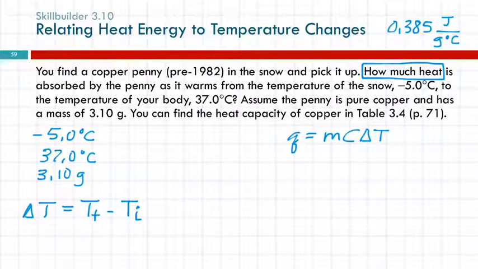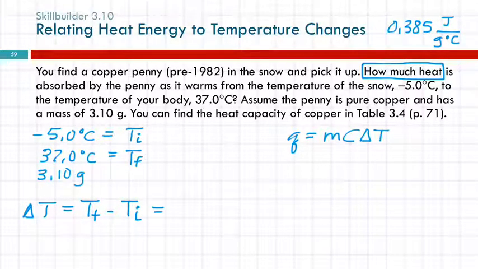If it's getting warmer, it's a positive change. So we have two temperatures here. Which one is the initial temperature? The minus 5, right? The penny warms from minus 5 to the temperature of your body. So this is the initial temperature, and this is the final temperature.